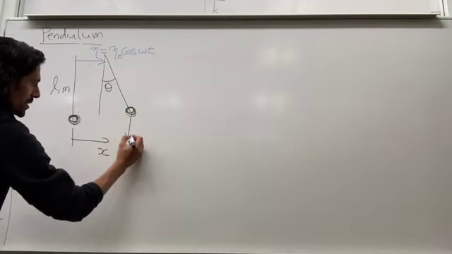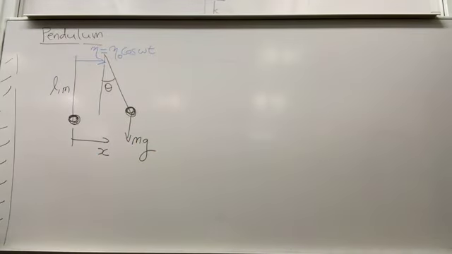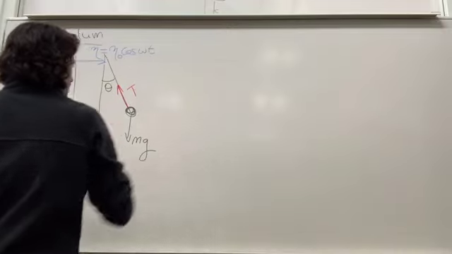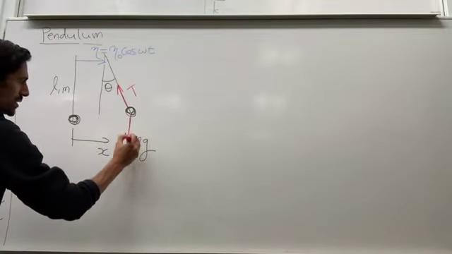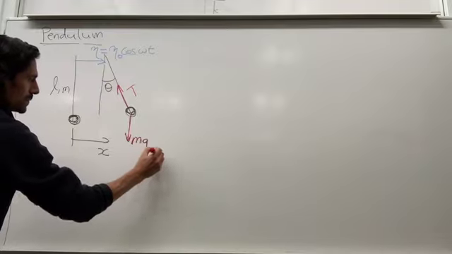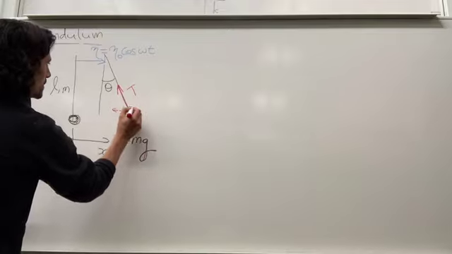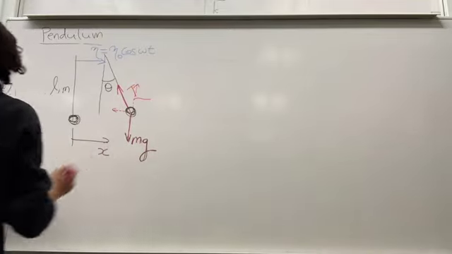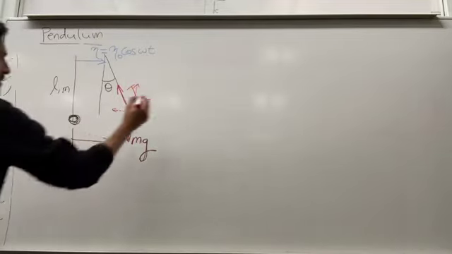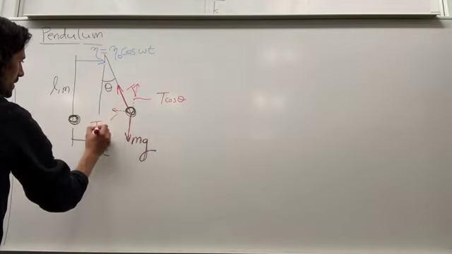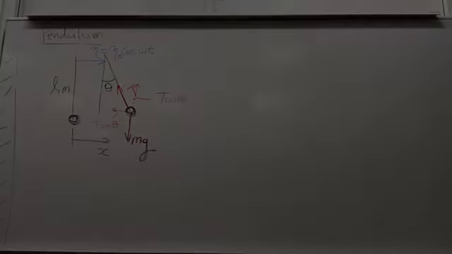We know we have mg, and we have a tension, tension T. We have two components here. This is T cosine theta, and this is T sine theta.